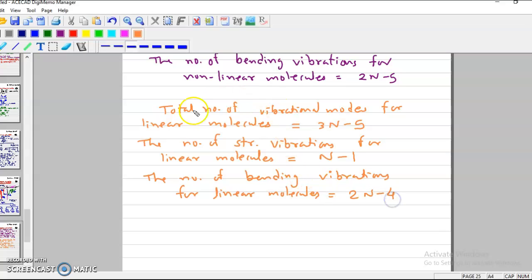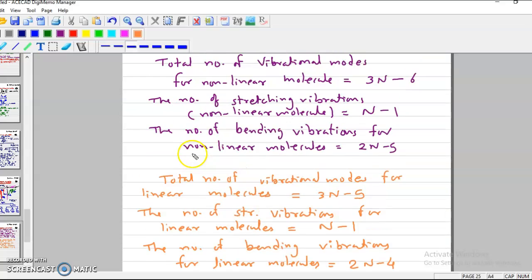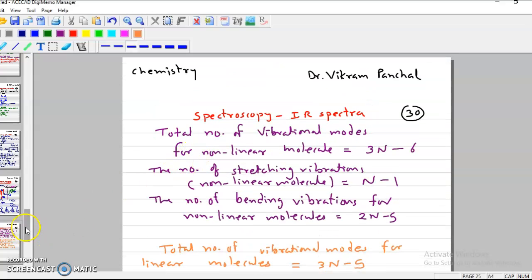So you have to remember this formula to calculate number of total vibrations in a given molecule.